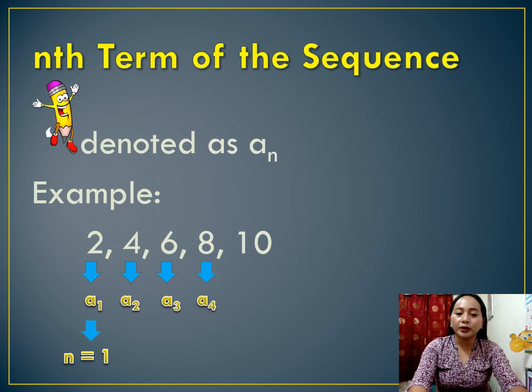And the fourth term, which is denoted as A sub 4, is 8. And 10 is our A sub 5, which is our fifth term. And also, our n at this time is equal to 5.